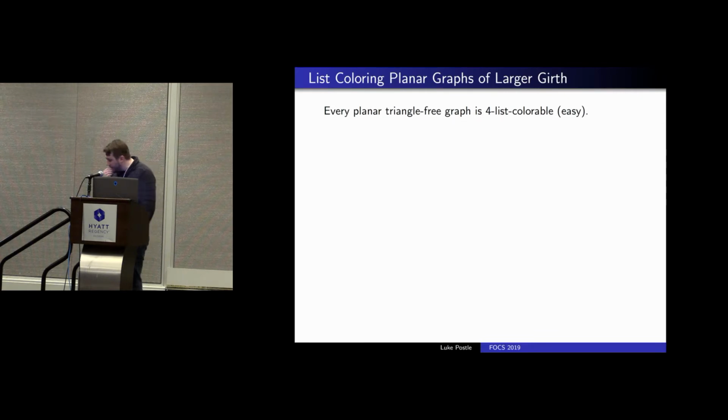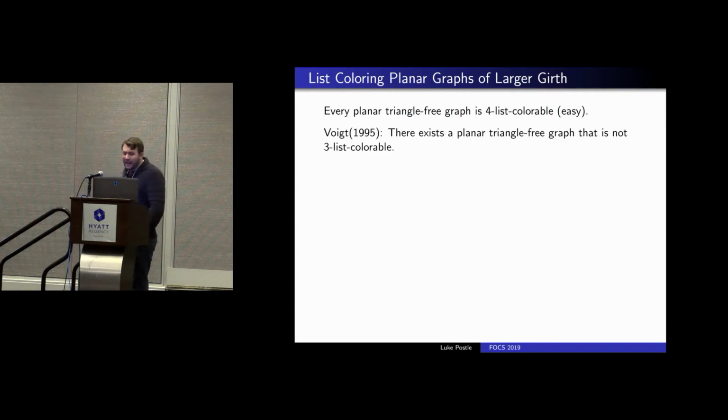Now, also the theorem talks about planar graphs of larger girth. So it's, again, by degeneracy, easy to see that every planar triangle-free graph is 4-list-colorable, because they're 3-degenerate. And Margit showed in '95 that there exists a planar triangle-free graph that is not 3-list-colorable. So Grötzsch's famous theorem that triangle-free planar graphs are 3-colorable does not extend to list coloring.